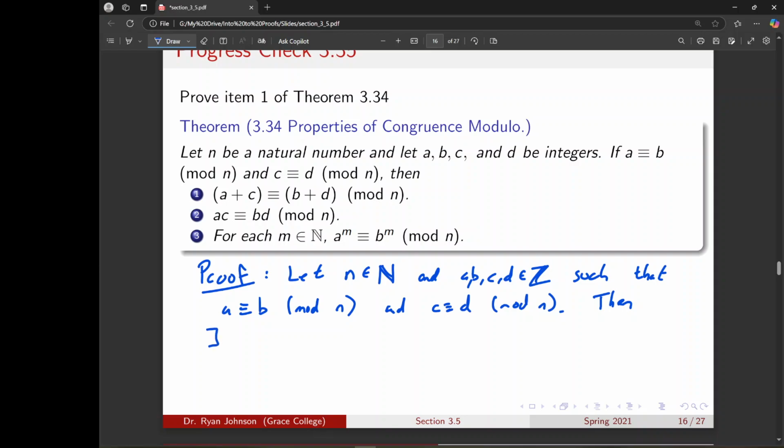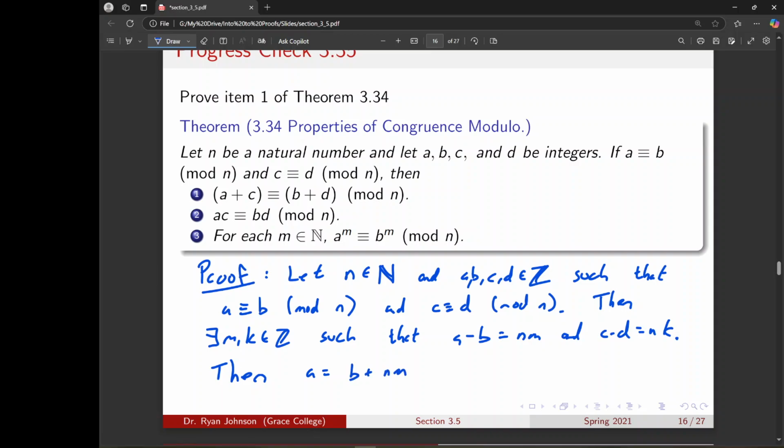So then there exist m and k in the integers such that a minus b equals nm and c minus d equals nk. Then, I'm feeling boring, then a equals b plus nm and c equals d plus nk.